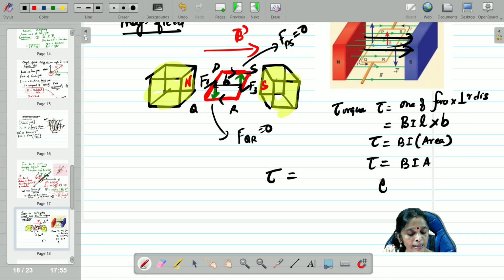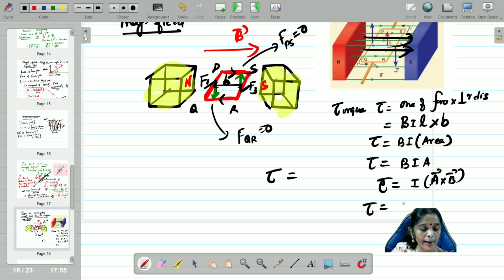Therefore, I can simply say that torque tau is equal to BI into area, or I can write it in vector form as I into B cross A. Got it, children? Okay, I'm sorry, I into A cross B. So therefore, tau is equal to IAB for a single turn, and for n turns of the coil you can write it as NIAB sine theta.